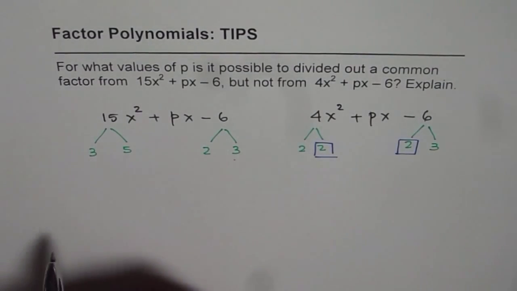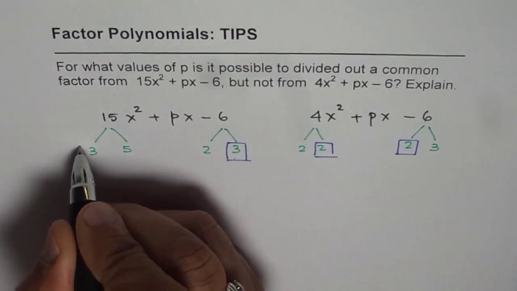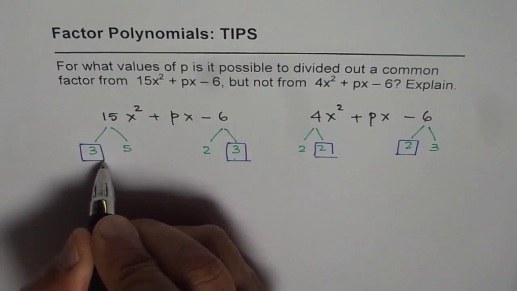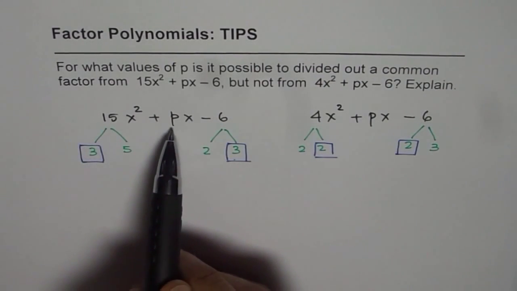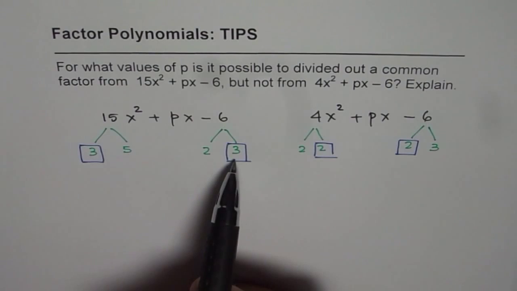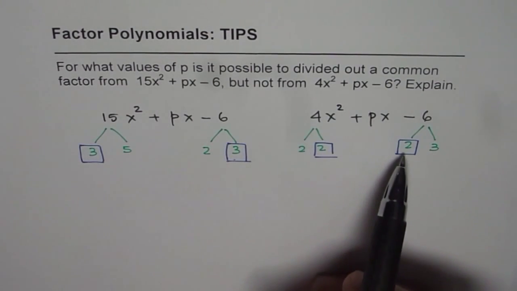And on the left side, the common factor is 3. Now if I have to factor this term, then p should be a multiple of 3, right? If I have to factor here, p should be a multiple of 2, right?